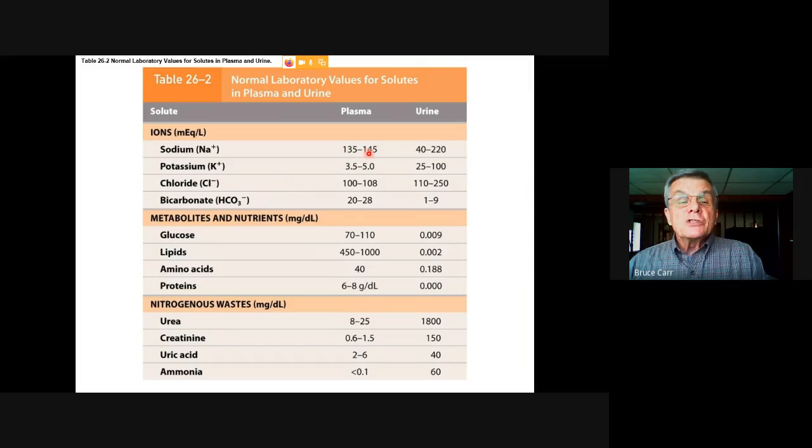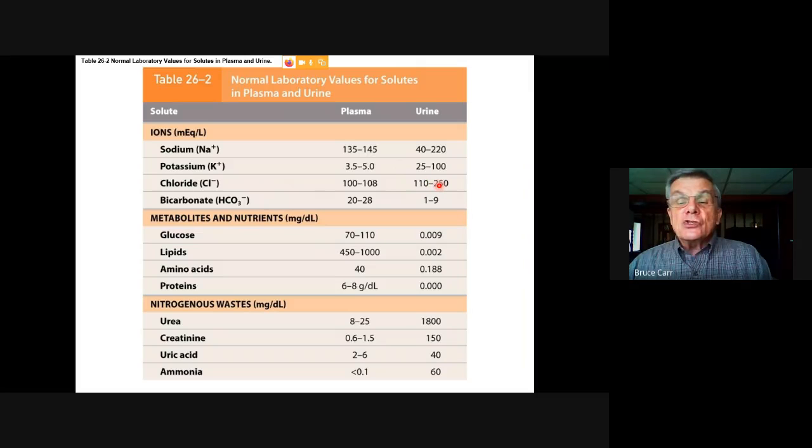So we basically see 3.5 to 5 milliequivalents per deciliter. But over here in the urine, the reason we can maintain this is that we can concentrate potassium just a small amount, or we can dump excess potassium.